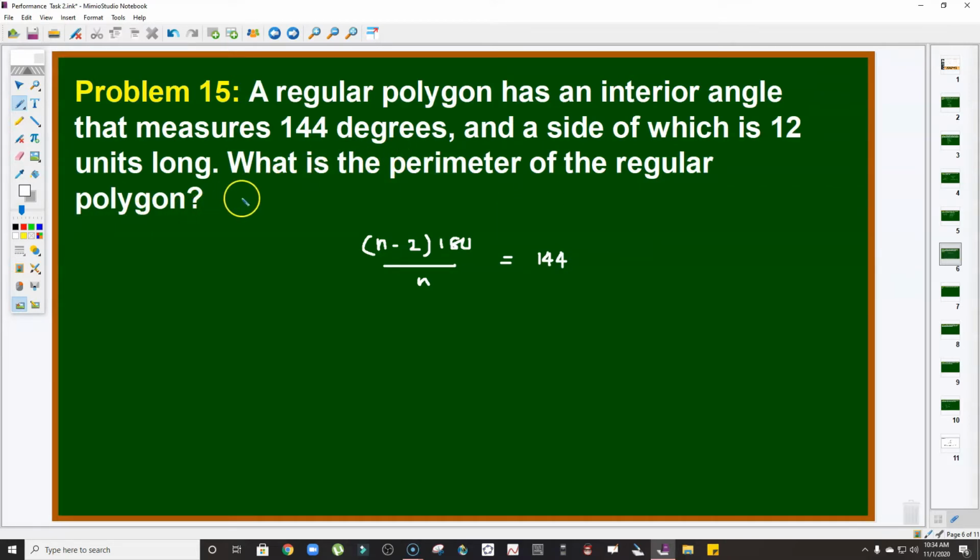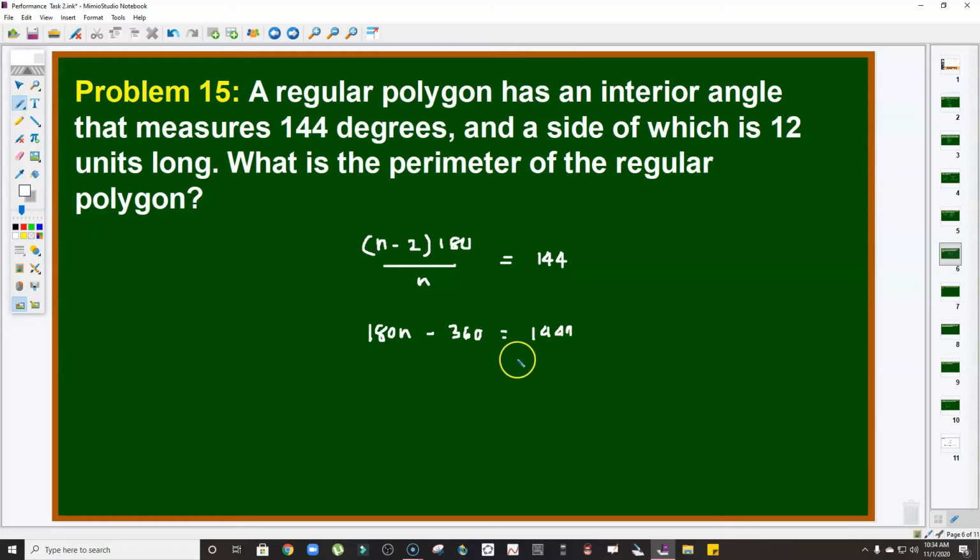The question is, what's the perimeter of the polygon? Since it's regular, all we have to do is get the number of sides, or n, and multiply it by the length of each side, which is 12. To do that, multiply both sides by n and distribute the 180. I'm going to have 180n minus 360 equals 144n.